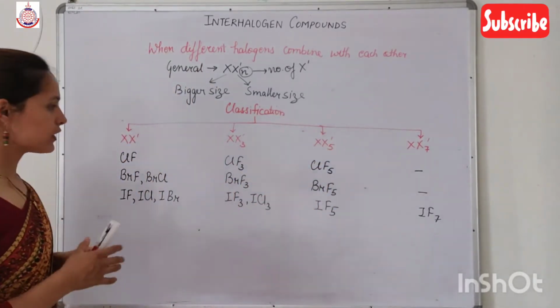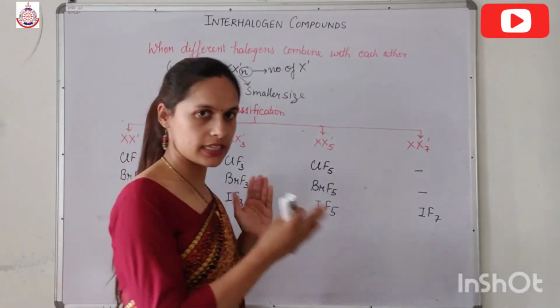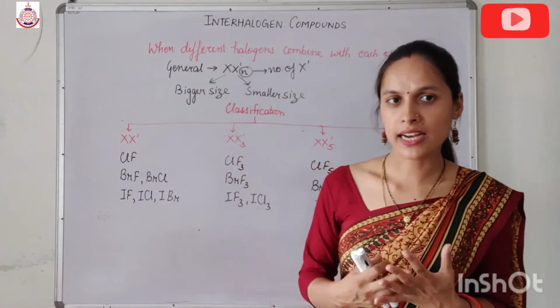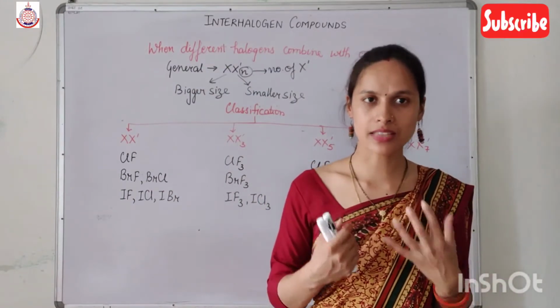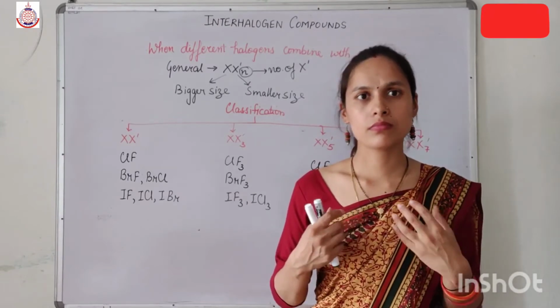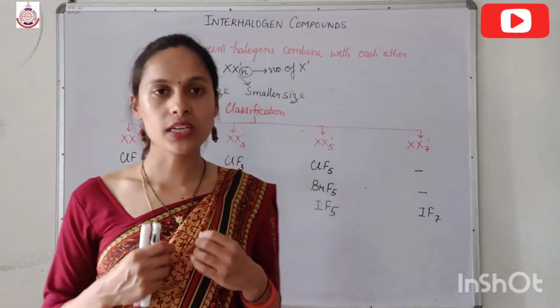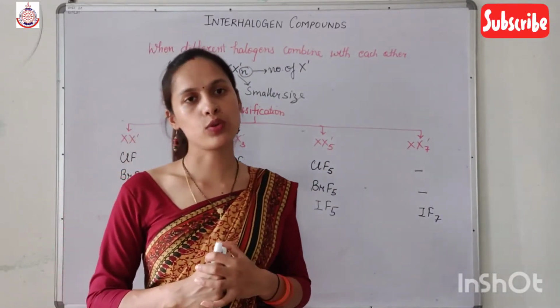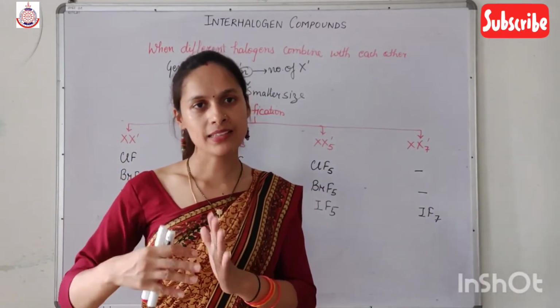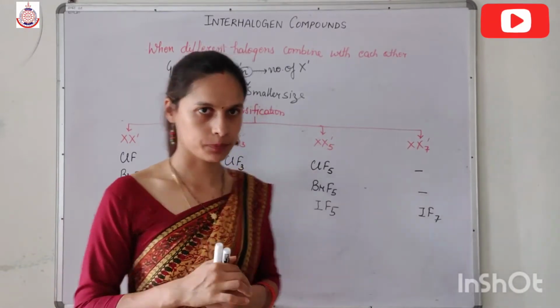Now, if we talk about the physical state of these interhalogens, we know that with the increase in size and atomic mass, the magnitude of the van der Waals force of attraction increases, and due to this the gas becomes converted into liquid, and liquid becomes converted into solid.